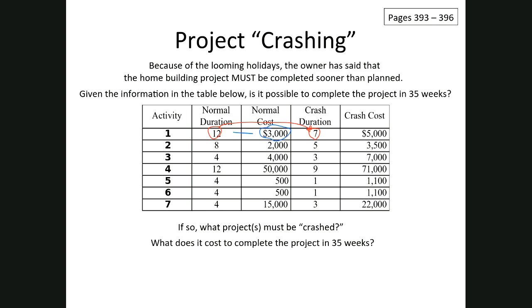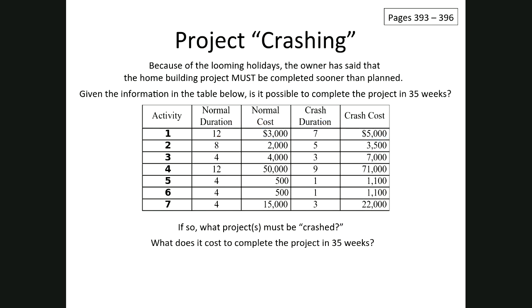But if it takes 7 weeks, it's going to cost instead $5,000. It will be more expensive for us to complete that task faster. And that's just logical. There's more resources, more overtime, more materials, so it will cost more in general to complete a task more quickly than originally scheduled.